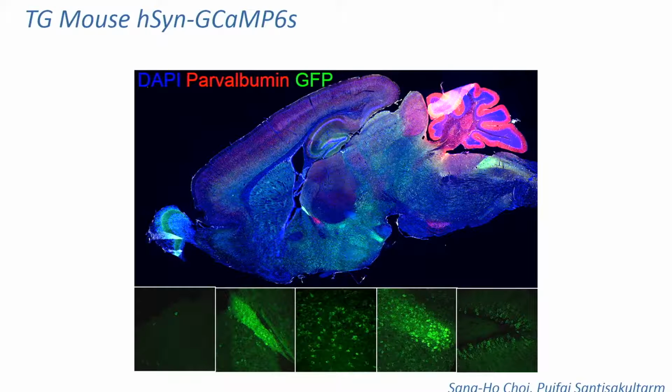So to circumvent these problems, we developed transgenic animals using constructs that we could apply to the marmoset. This is an example of a mouse that expresses GCAMP6 under the control of the synapsin promoter. And you don't see much green in the cortex at all because the levels of expression are much diminished with respect to other areas, such as the olfactory bulb here or the hypothalamus here.